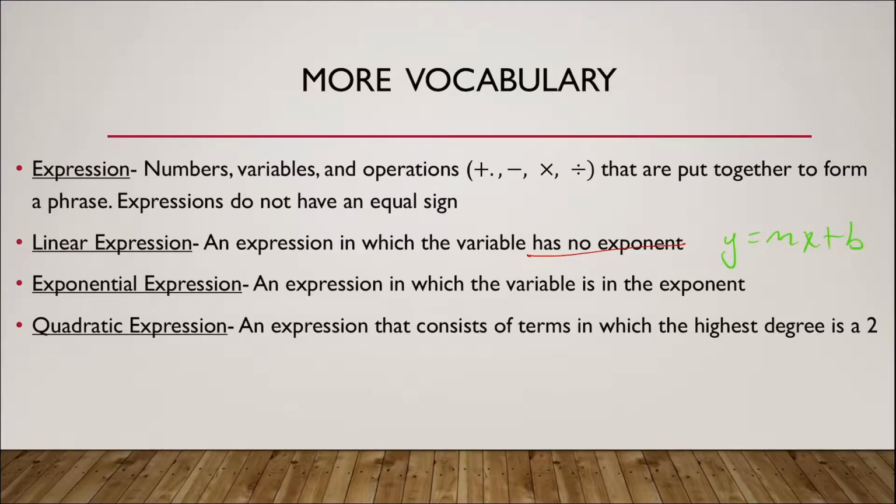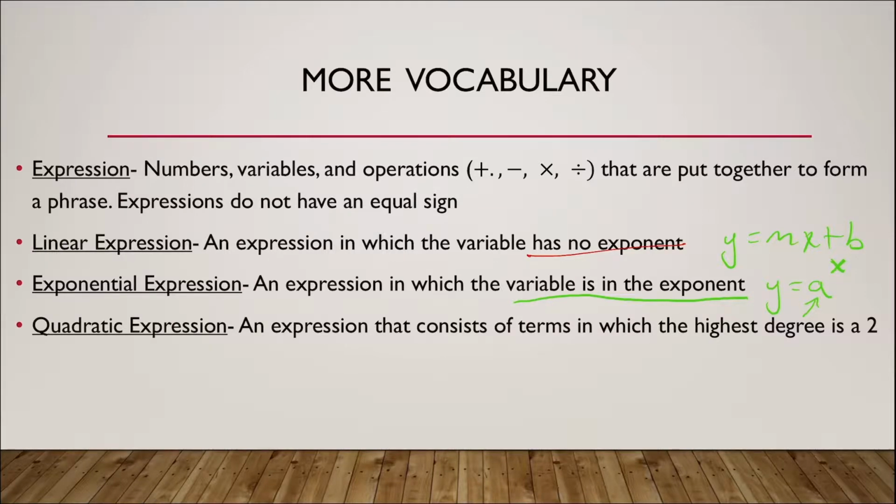Notice there's no exponent. An exponential expression is an expression in which the variable is the exponent. So y equals a raised to the x power. So notice my a would be my base, and my x, which is my variable, is in the exponent.